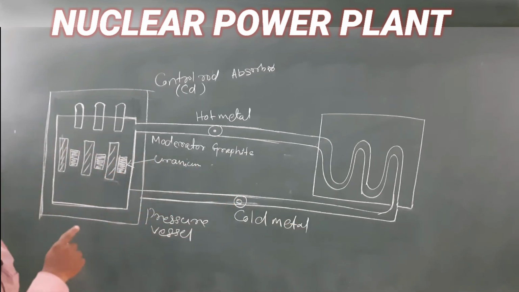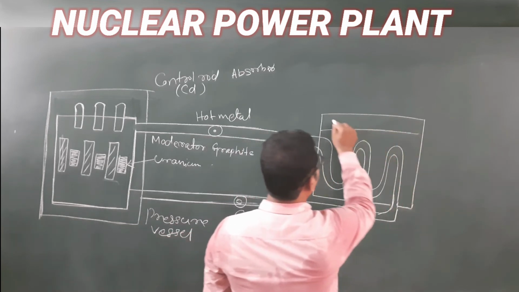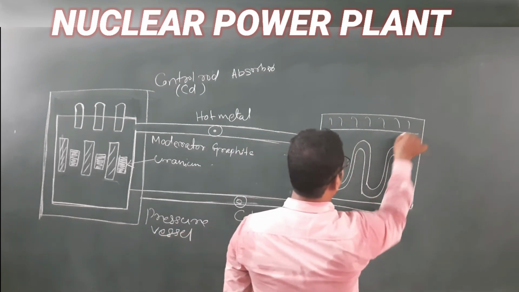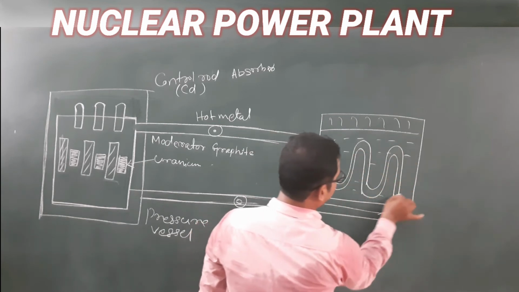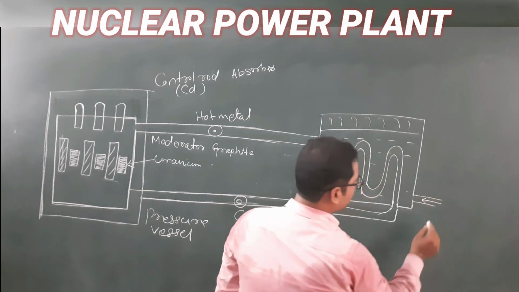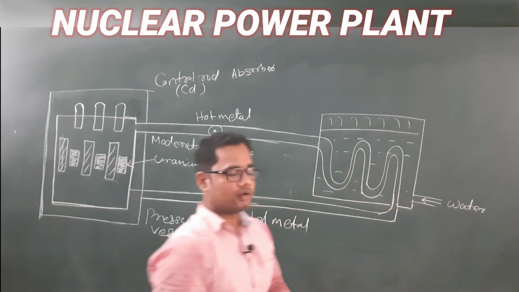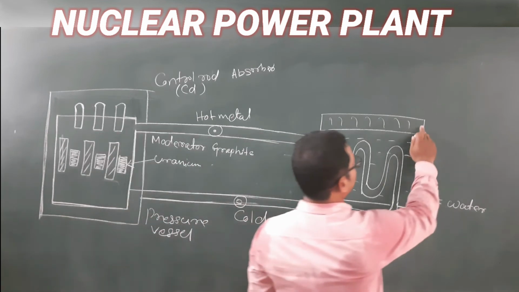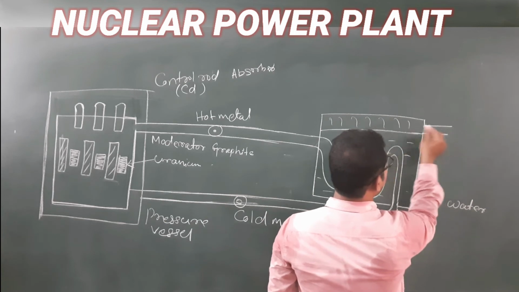The hot metal will go through your heat exchanger, and here your heat is exchanged, and inside that your water is there. So here one inlet is there, the water inlet, and the steam will be produced here. The steam will get out here.